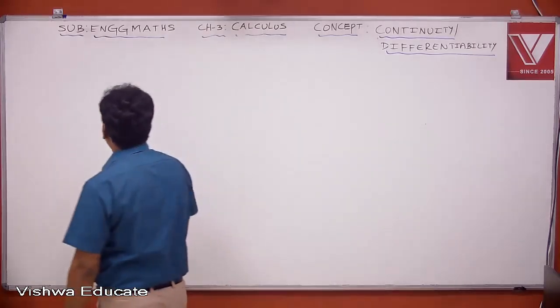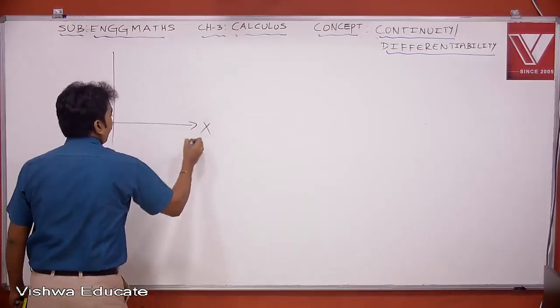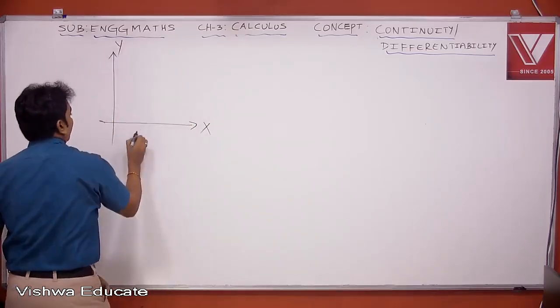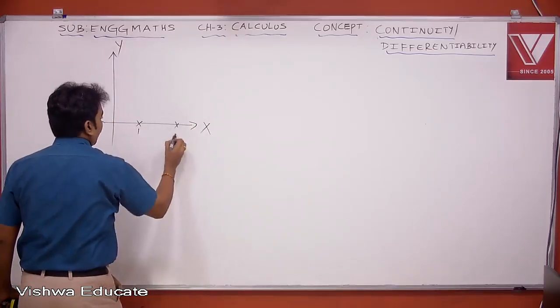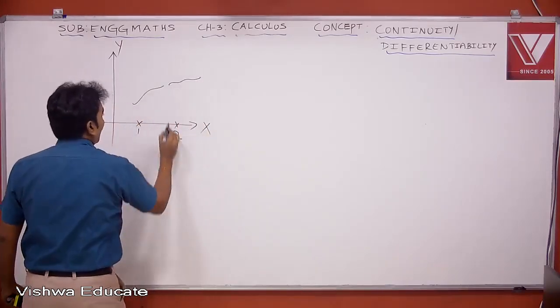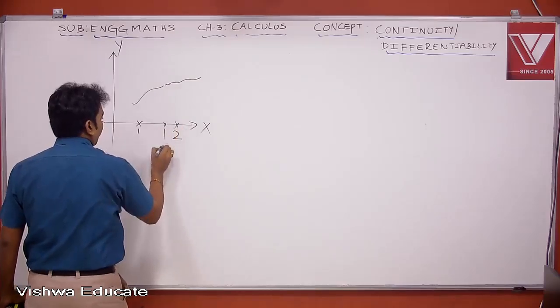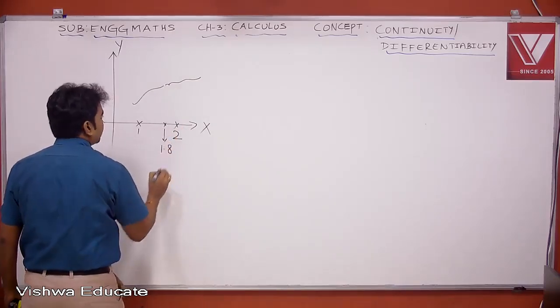One general example. Suppose I have a function like this. This is a coordinate system. Suppose we were discussing continuity in closed interval 1 comma 2. Suppose the graph is like this. Now you can see at this point there is some gap. Assume that this point is, for example, 1.8.